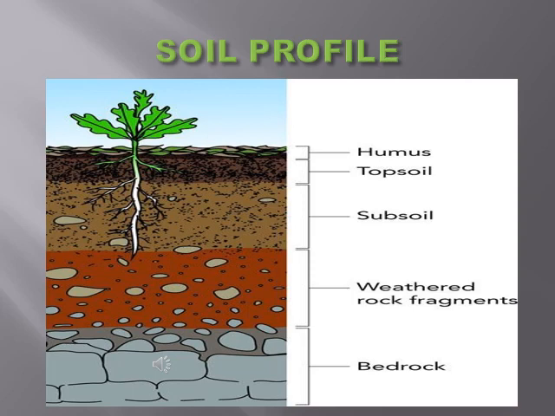Due to weathering, the parent rock is broken into pieces, and that is what you can see just above the bedrock, weathered rock fragments. Then after so many years, the weathered rock fragments gradually become soil. That layer is subsoil.